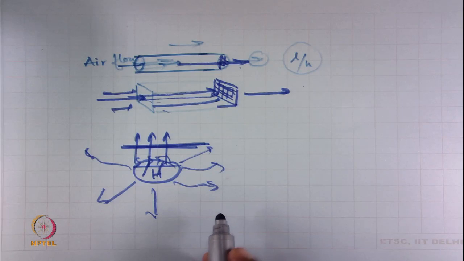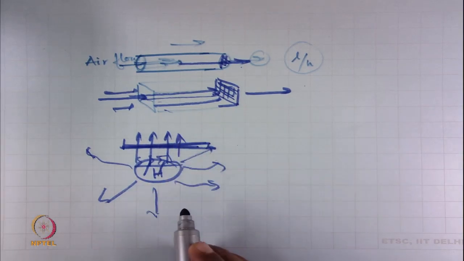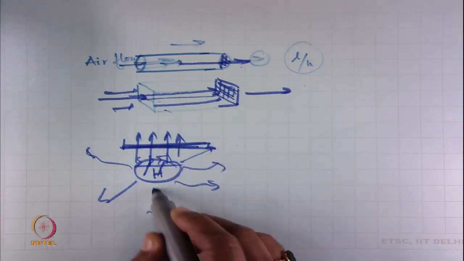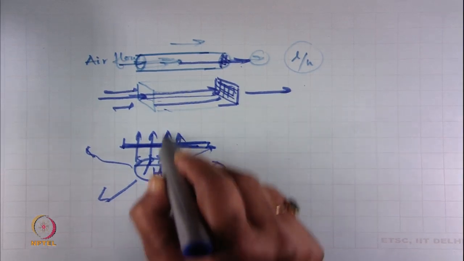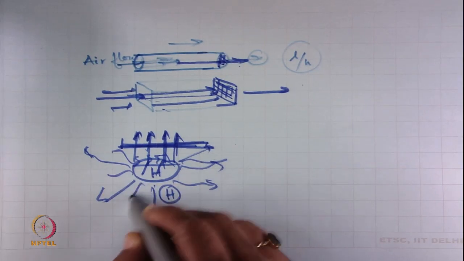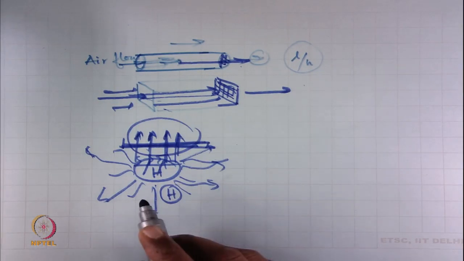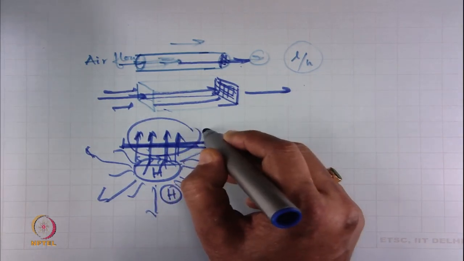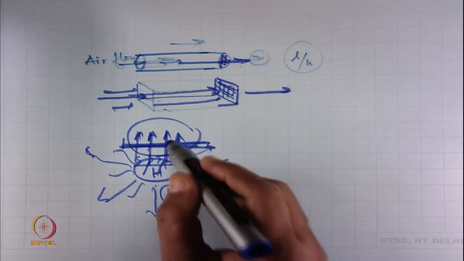So, if we want to measure the heat transmission only through the fabric, it is very difficult, because whatever heat is being generated, only a portion of the heat is transmitting through the fabric, but the rest goes in other directions. So, it is very difficult to quantify the amount of heat which is through the fabric. We have to use some alternate, indirect arrangement to measure the heat transmission through fabric.